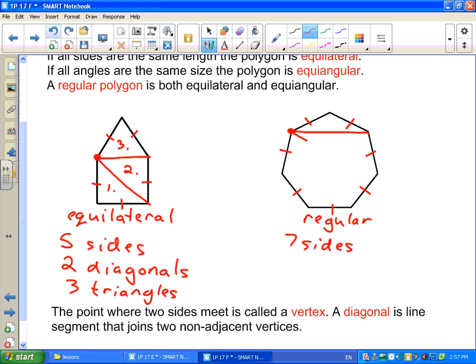To here, here, here, and then down to here. So I can draw 1, 2, 3, 4 diagonals. And I've split it up into triangles. How many triangles do I have? 1, 2, 3, 4, 5. 5 triangles.